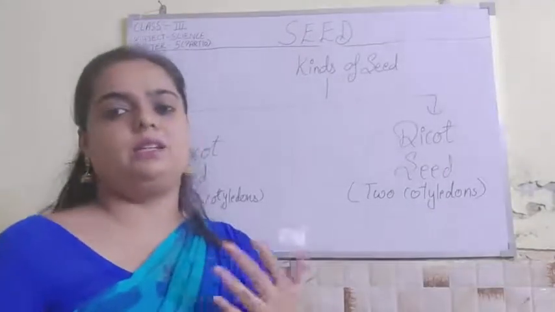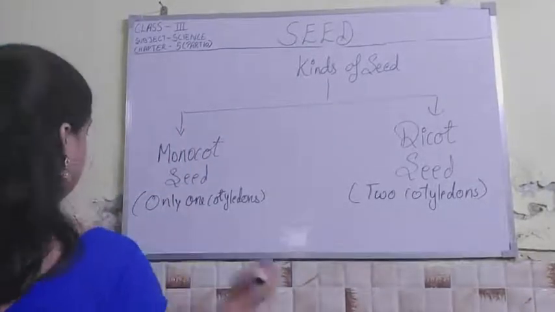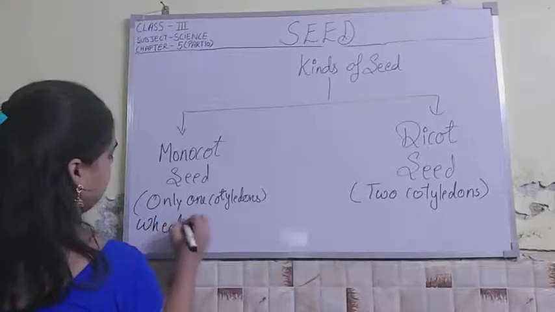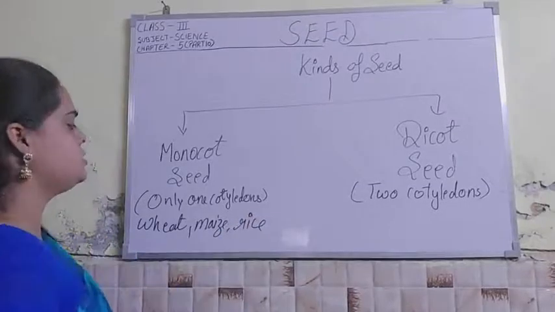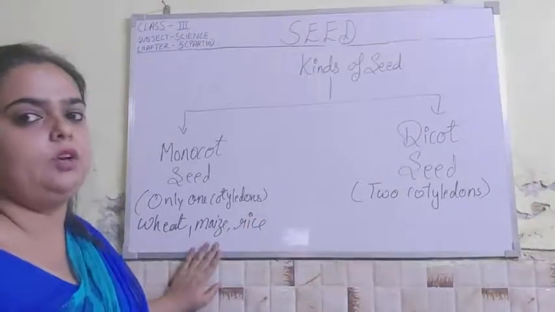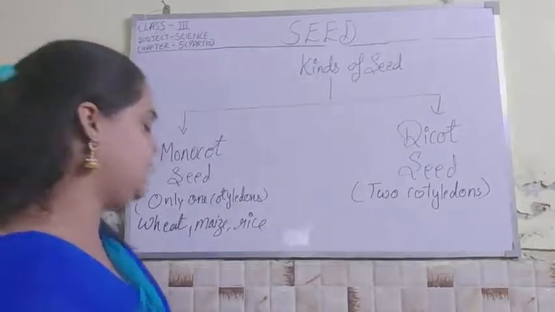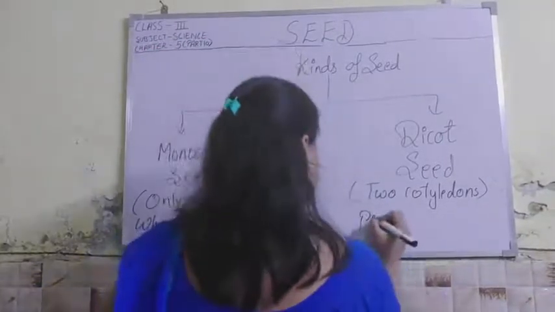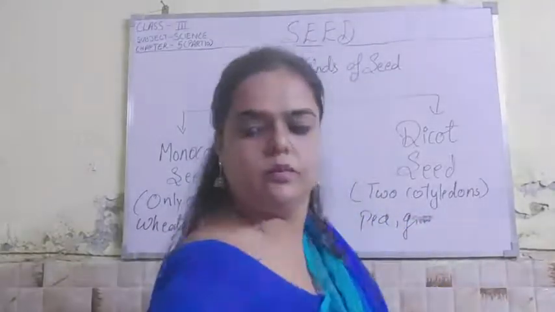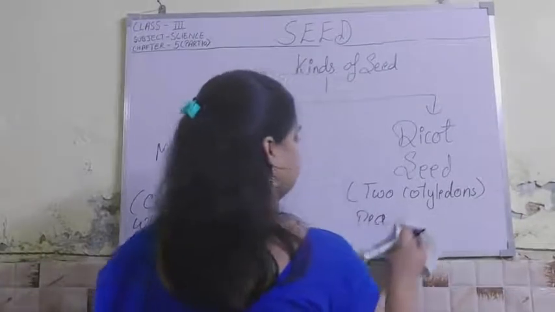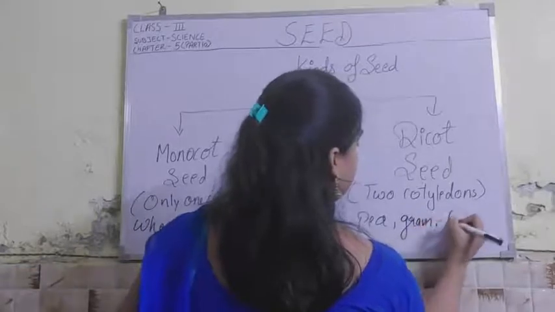If we talk about the examples of monocot and dicot seed, the examples of monocot seeds are wheat, maize, rice. These are the examples of monocot seed. And if we talk about the examples of dicot seed, the dicot seeds are pea, gram, beans.